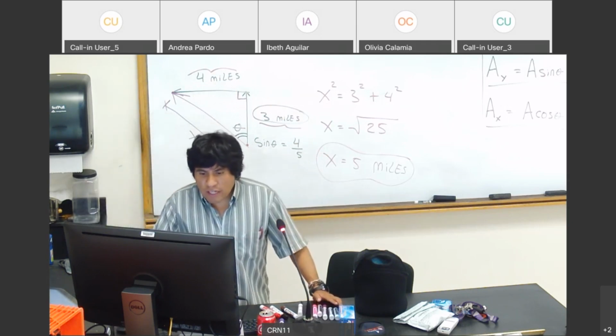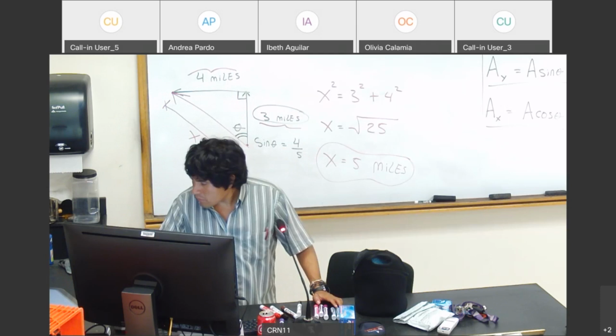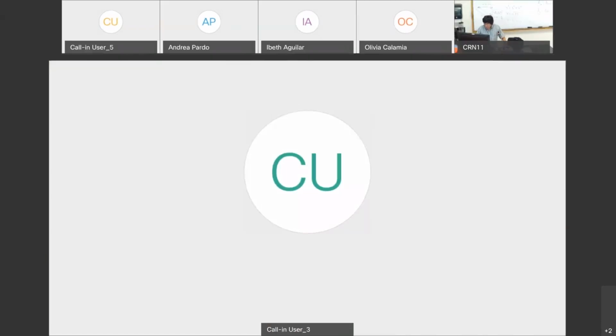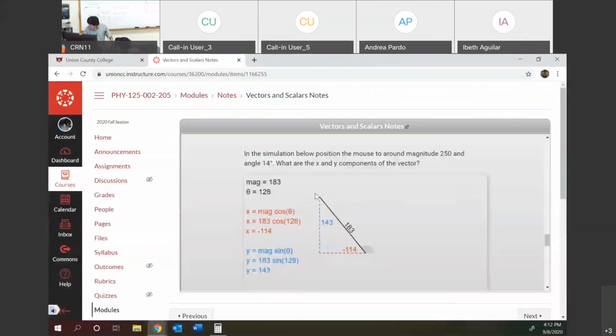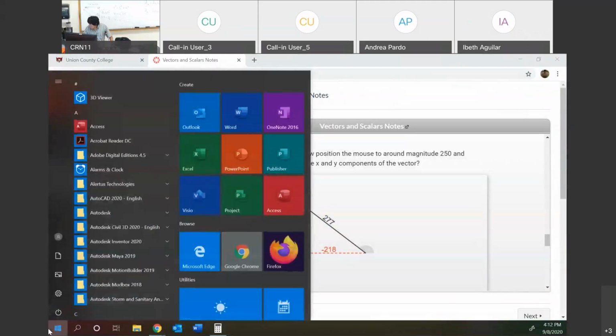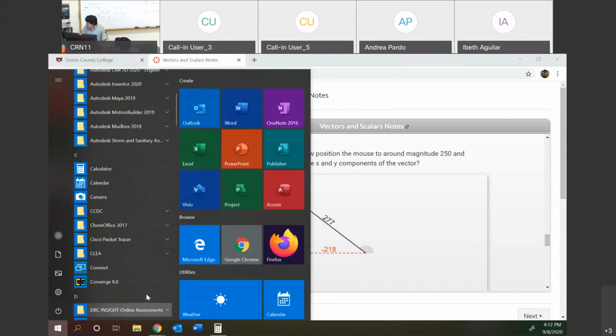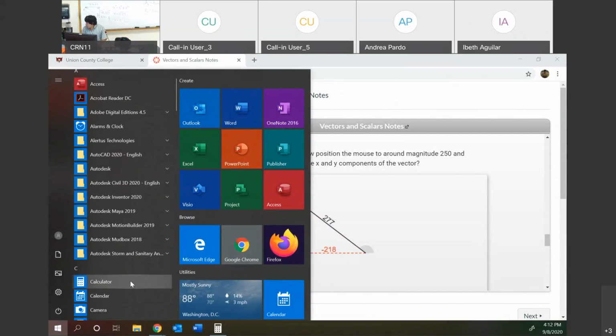So if you're using the calculator of the computer, let's share so I can show you how to use this. If you're using the calculator here, what is it? Oh, here it is.